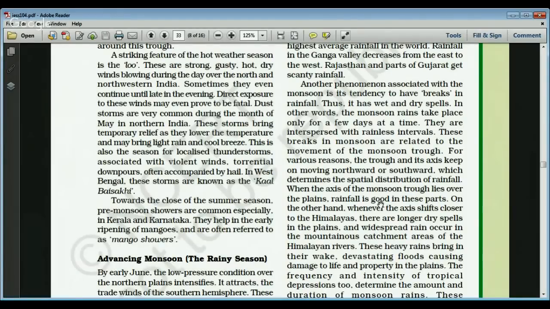These storms bring temporary relief as they lower the temperature, and sometimes may also bring very light rainfall and a cool breeze. This season is also the season for localized thunderstorms, which are associated with violent winds, torrential downpours, and often they are accompanied by hail also.